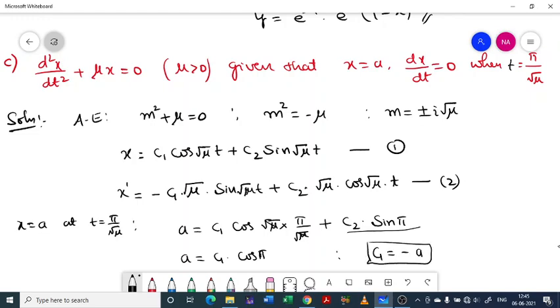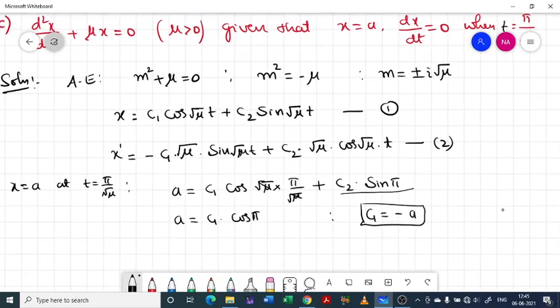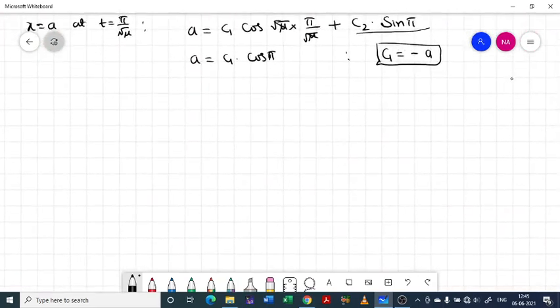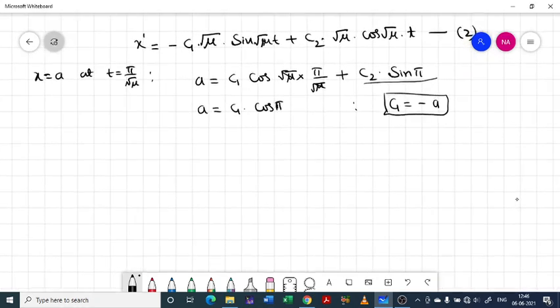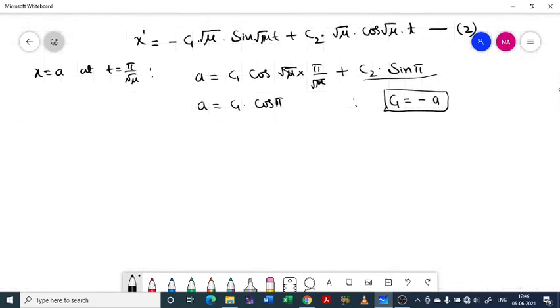C1 will be minus a. Next, dx by dt is equal to 0 when t equal to pi by root mu. See, from this root mu t equal to pi, right?